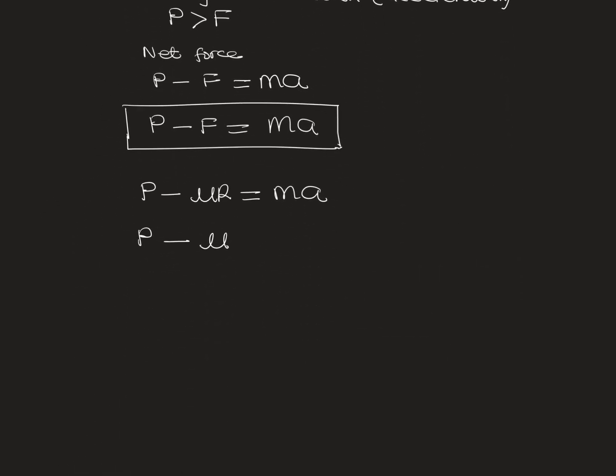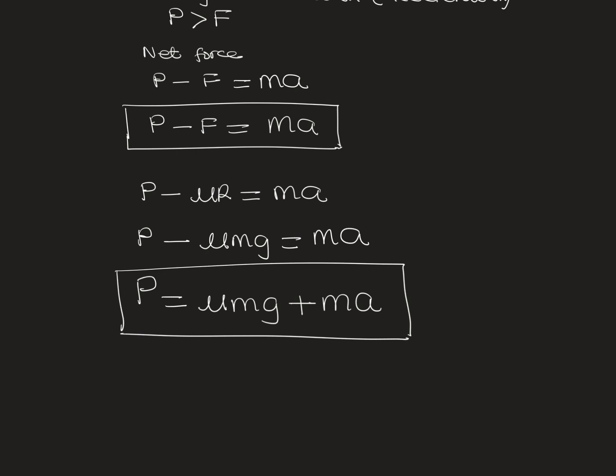So P minus mu mg is equal to ma. So we can say P is equal to, if I take this negative mu mg to the other side of the equation, I will have positive mu mg. So that is mu mg plus ma. Okay, the pulling force is equal to mu mg plus ma.